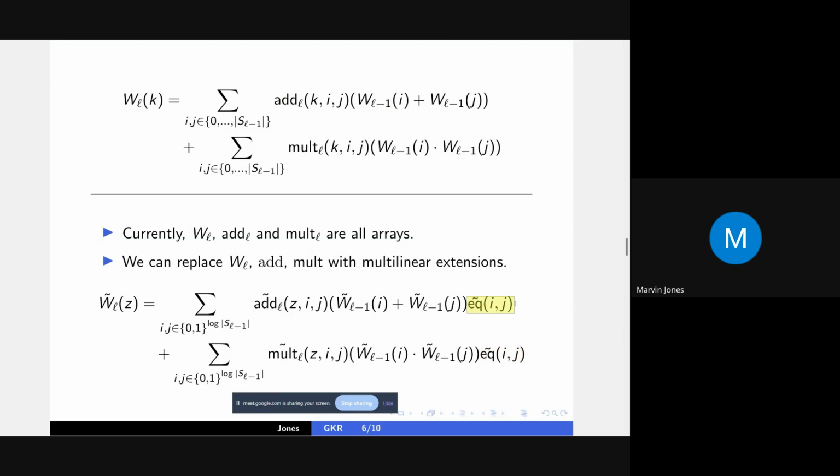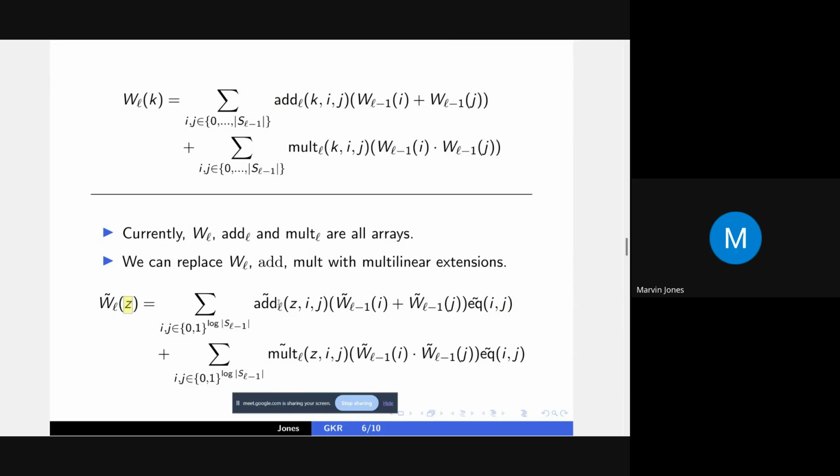This function right here, if i and j are the same binary string, it's a 1. If they're different, it's a 0. Since this is a multilinear extension, if I plugged in a binary string for z, say k like I have above, this will be the same evaluation. It's just that now I can plug in any field element and this will work.